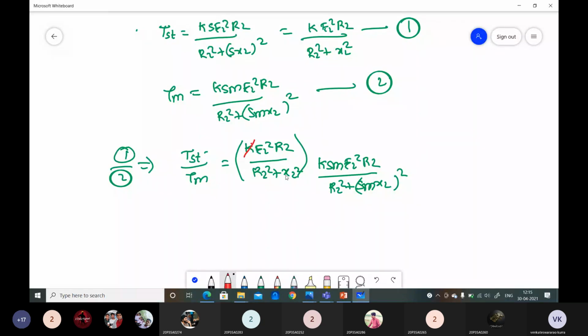Now the K E2 square R2 cancels. So we have only 1 by S_M into (R2 square plus (S_M X2) whole square) by (R2 square plus X2 square).